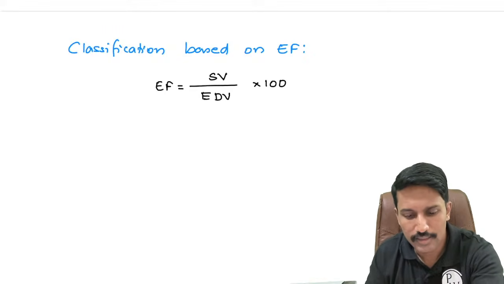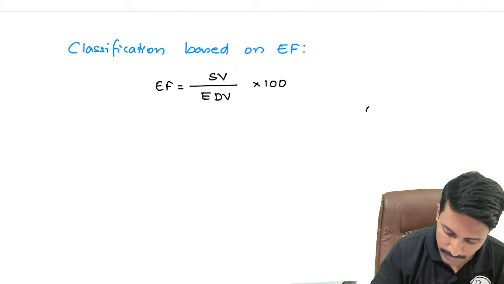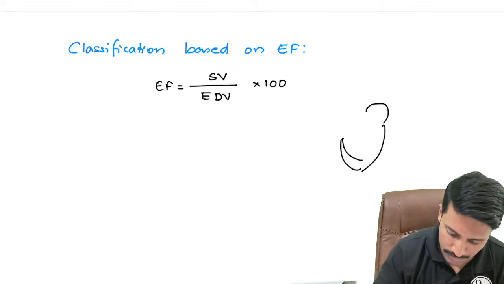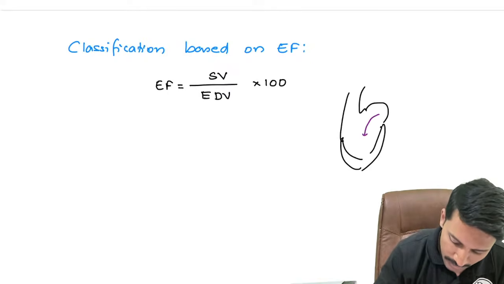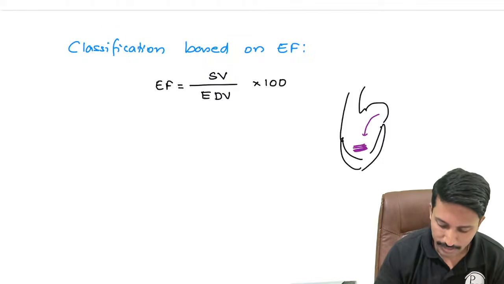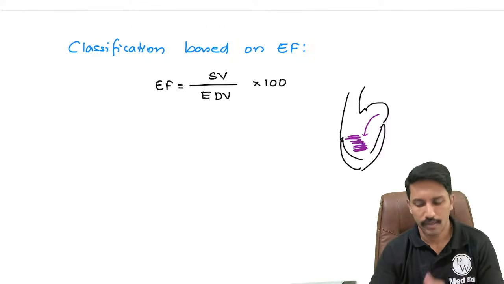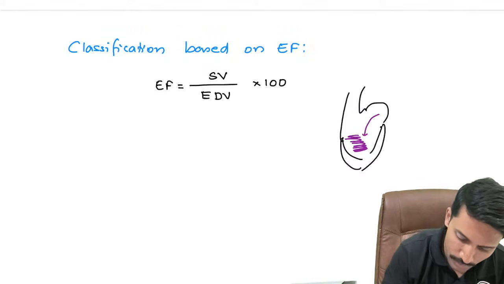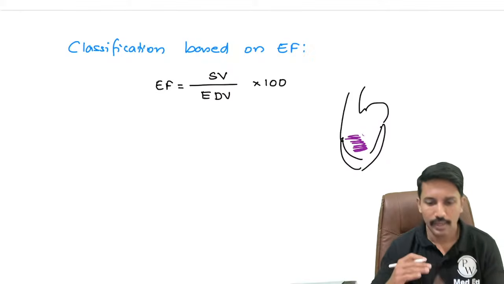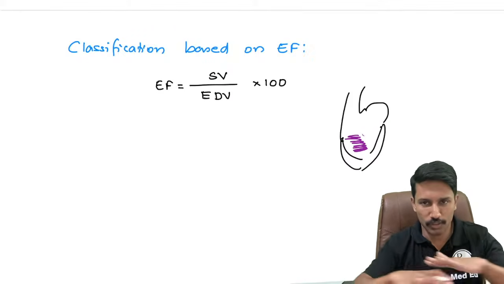Now what is that? It basically means, if let us say this is my left side of the heart, now I transfer the blood to this ventricle during diastole, right? I fill some amount of blood, and once the diastole is over, the ventricular filling is over, now I have blood in my ventricle, I'm ready for the next systole. Diastole is just over.